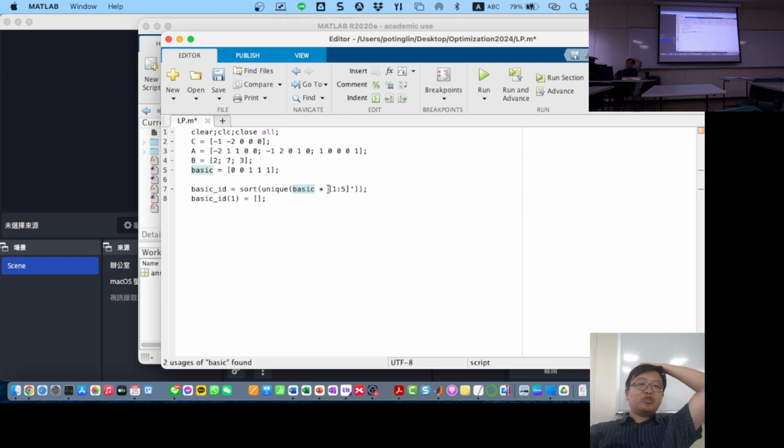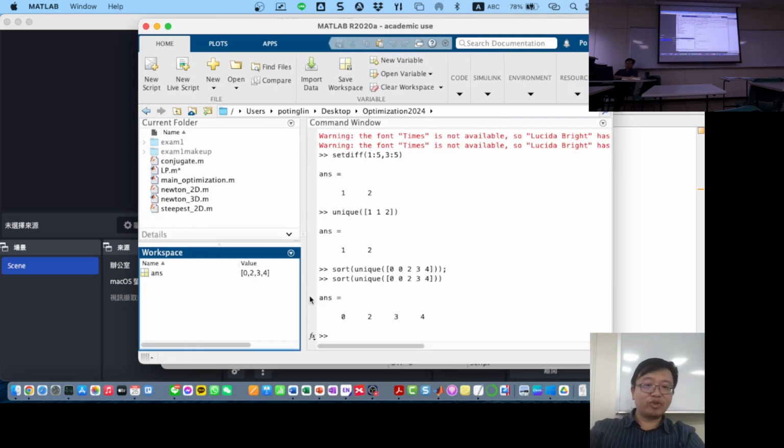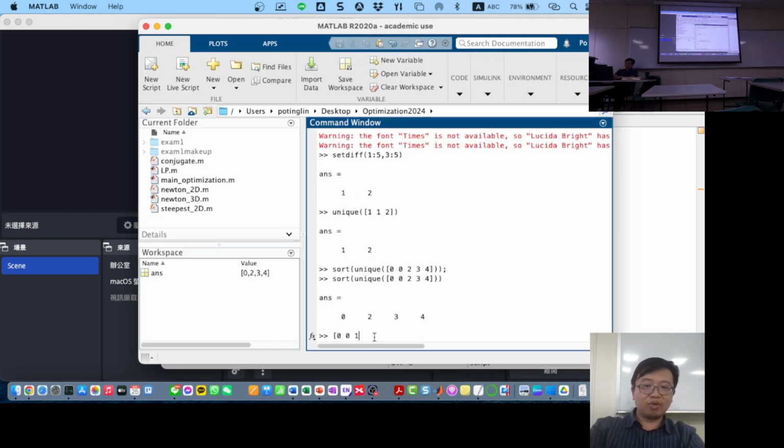And if I do a dot product with 1 to 5, when one of the basic is 0, the corresponding one in 1 to 5 will become 0, right? So basically, I'm doing a dot product like this: 0, 0, 1, 1, 1 times 1, 2, 3, 4, and 5. So that's why on the right-hand side, I need to do a transpose, because horizontal times vertical.